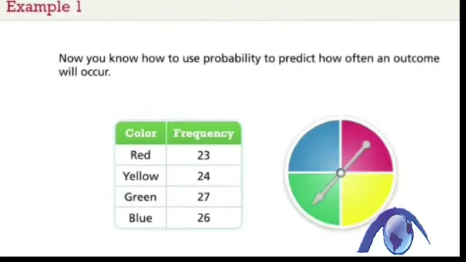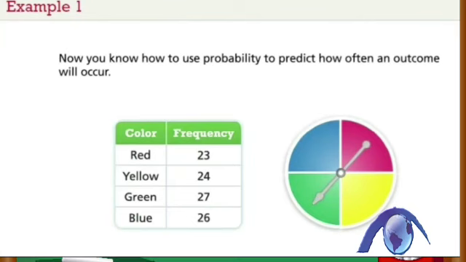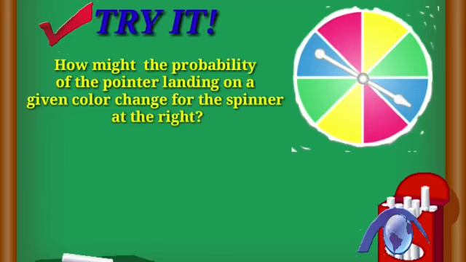Now you know how to use probability to predict how often an outcome will occur. How might the probability of the pointer landing on a given color change for the spinner shown at the right?